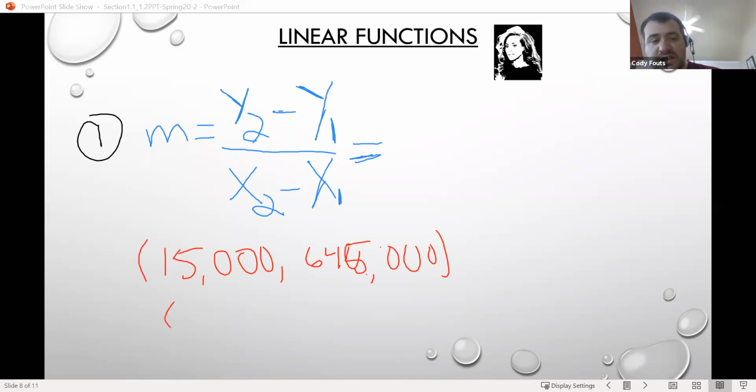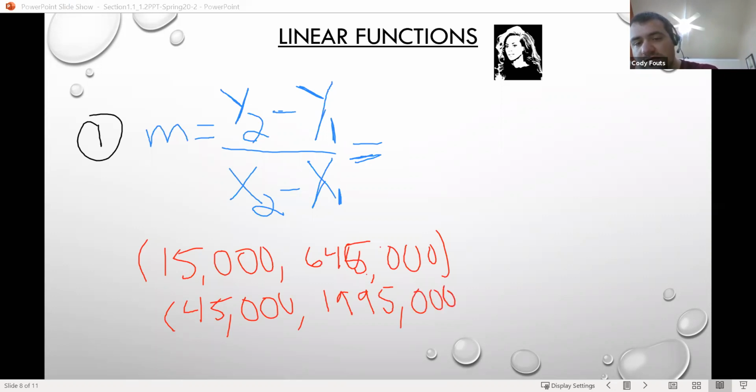And then we also have 45,000, comma, 1,995,000. Again, that's because if we input 45,000, we get an output of 1,995,000. So we go ahead and plug that information into the slope formula up above.